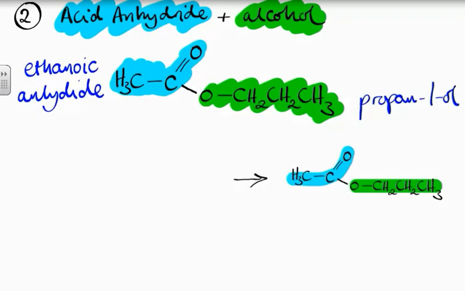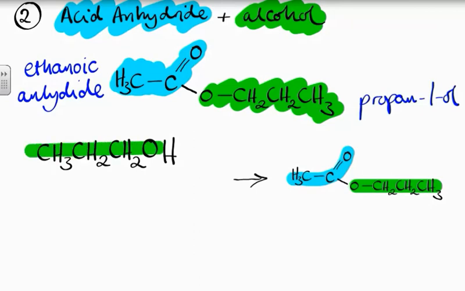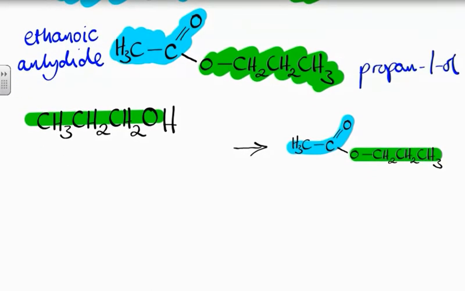So see if you can work out what the reactants are. So in addition to our propan-1-ol, the acid anhydride that we need. Here it comes. So there's those two carbons that we're after with the acyl group.